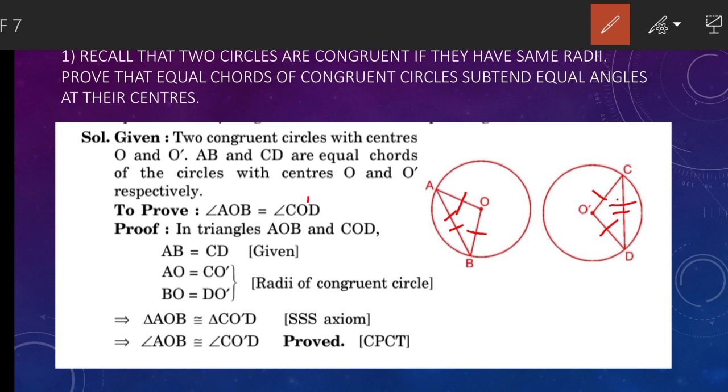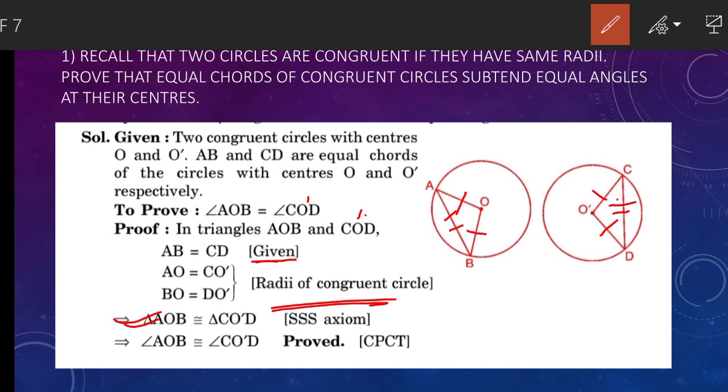So if we consider the triangles AOB and CO dash D, here we have AB is equal to CD and AO is equal to CO dash. Again BO is equal to DO dash. These are the radii of the congruent circles, and the first one is given that the chords are equal. So we have three sides. So using the SSS axiom, we can say that the triangles are congruent to each other.